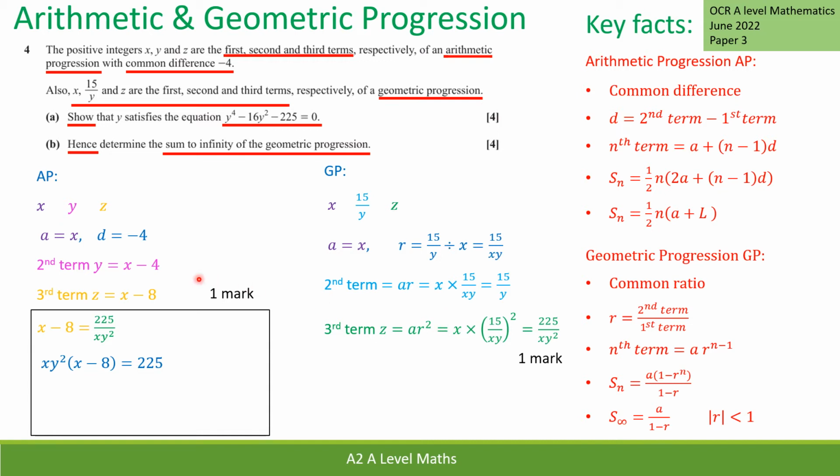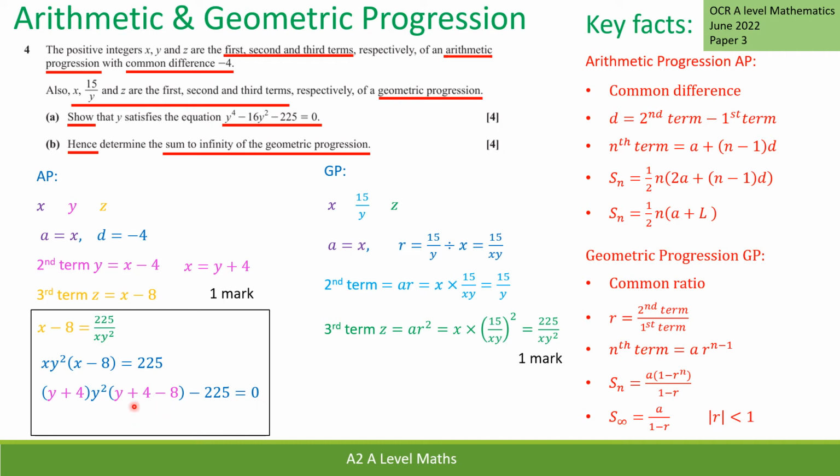So if I look in the question carefully, this second term here on the left-hand side, y equals x minus 4, connects the equation y and x together, which means we can eliminate the x's from this equation I've got down the bottom. So if I rearrange this equation here by adding 4 to both sides, x is equal to y plus 4. I can then substitute in, instead of x, to be y plus 4 times by the y squared, where x becomes a y plus 4, take away the 8, minus 225 equals 0.